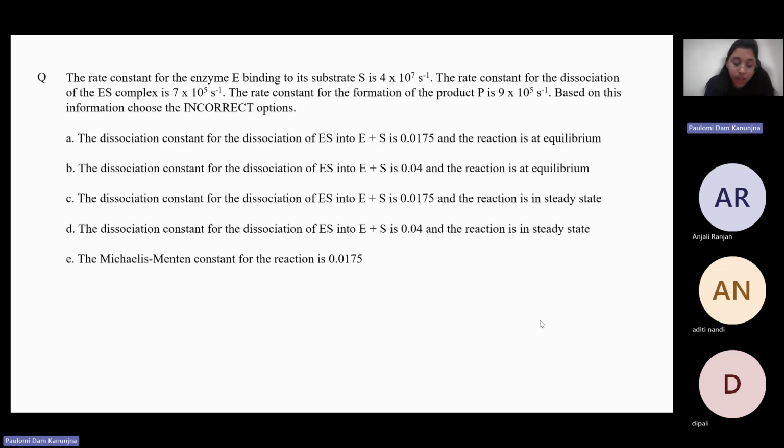So just to be clear, could you write your values for Kd and Km in the text box so that I know that you have done the calculation correctly? What is the value of Kd that you have got and what is the value of Km that you have got?